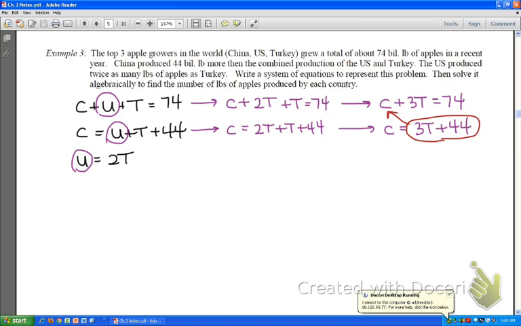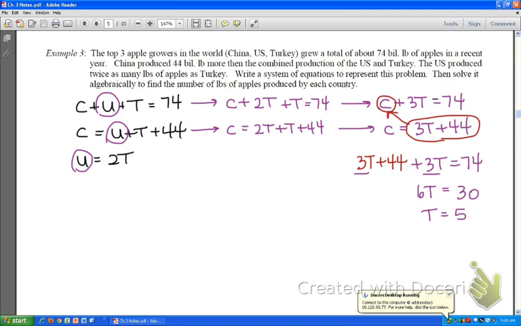So if I do that, I'm going to end up with 3t plus 44, that's plugging into this c right here, and then the rest of the equation is exactly what it was, so plus 3t equals 74. And now I just want to solve this for t, so I get combining these guys, 6t equals, what's 74 minus 44? Okay, and then division gives me that t equals 5.